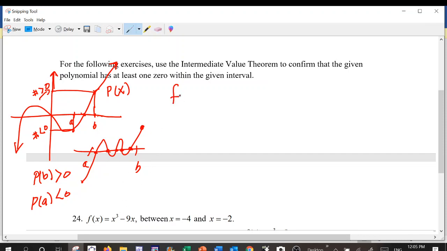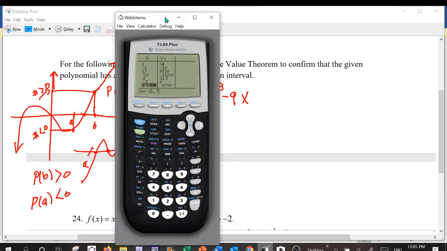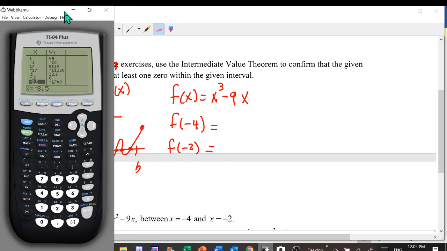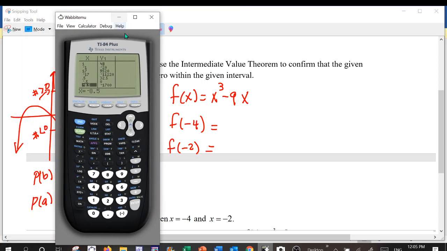So here we are given a function, f of x is x to the third minus 9x, right? Now the question is, what is f of negative 4 and what is f of negative 2? If you don't want to do the arithmetic by hand, you can use a calculator. I don't want to graph with the calculator, I just want to do the arithmetic.